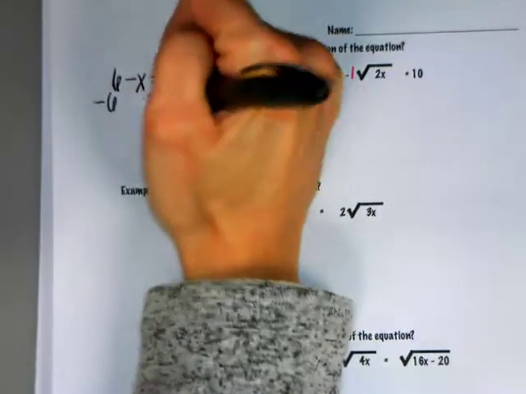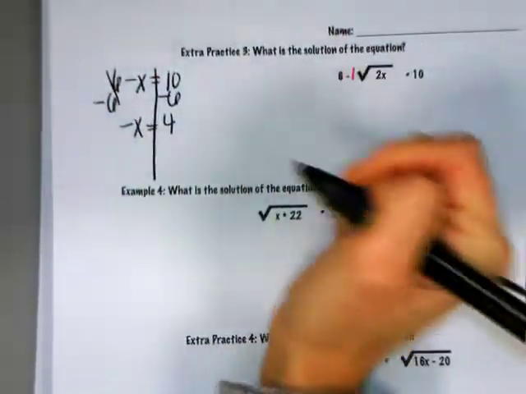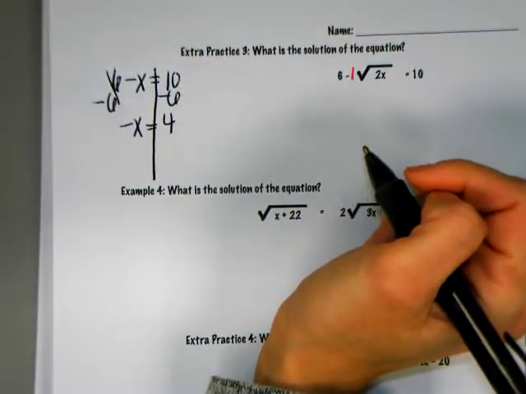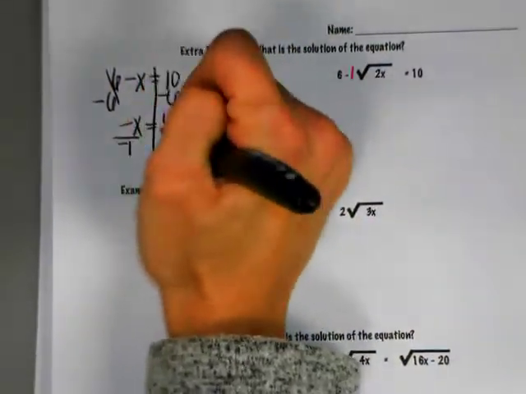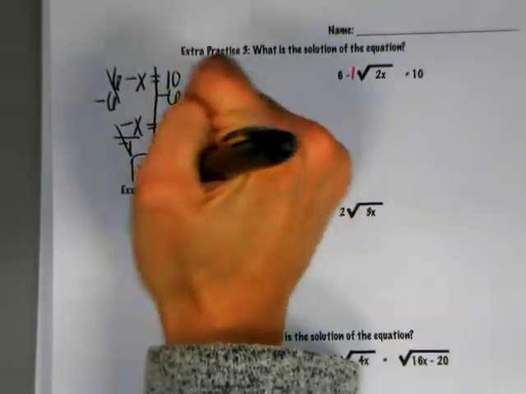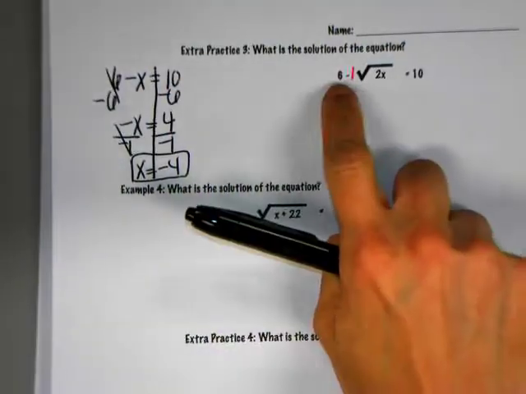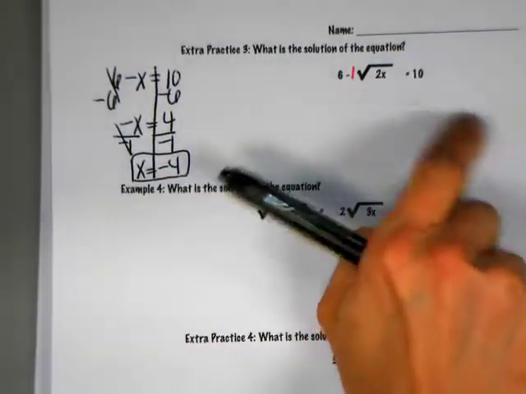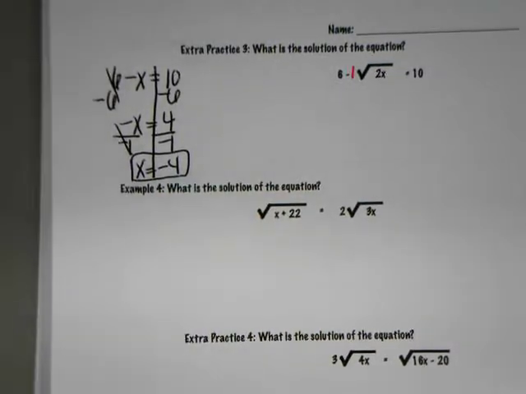Yeah, minus 6. Then what? Yep, so you're dividing by a negative 1 to get x equals negative 4. So just pretend like this square root is just a big X, okay? So you're still doing the same thing, subtracting the 6, dividing by the negative 1 on both sides to get that square root by itself. Same way we did here, okay?